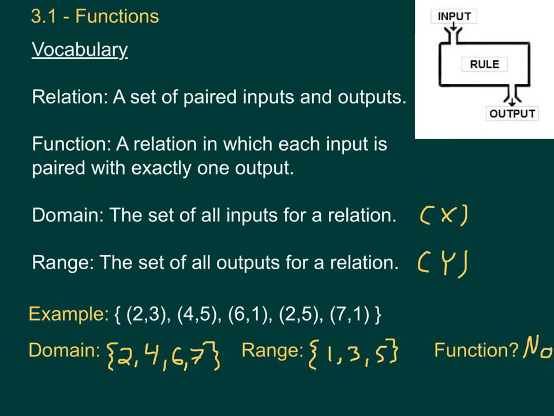I need to know that I'm going to have the same output if I have the same input. If I have the same x, it has to have the same y. I can't have one x value with two different y's. So this is not a function. We're going to look at it again in a couple of different forms to see how we can confirm that. But that's the general idea. All right, so let's see functions in some other forms.